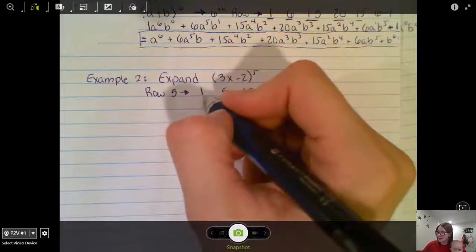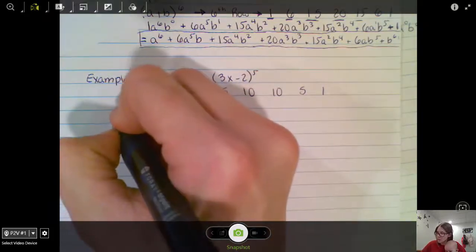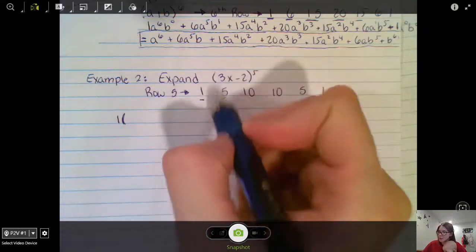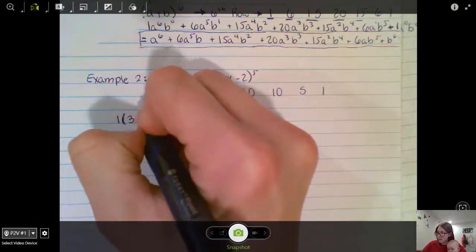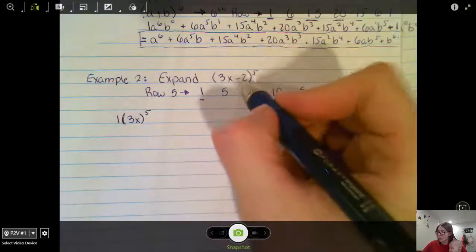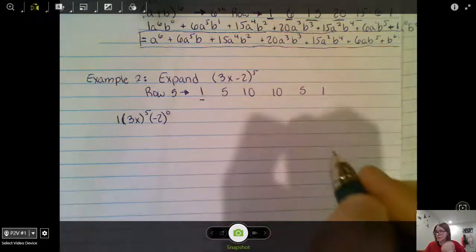All right, we have 1 as the coefficient for our first term. Then the first part of my binomial is 3x. That starts at its full power, the 5th power. That -2 is going to be to the 0 power.